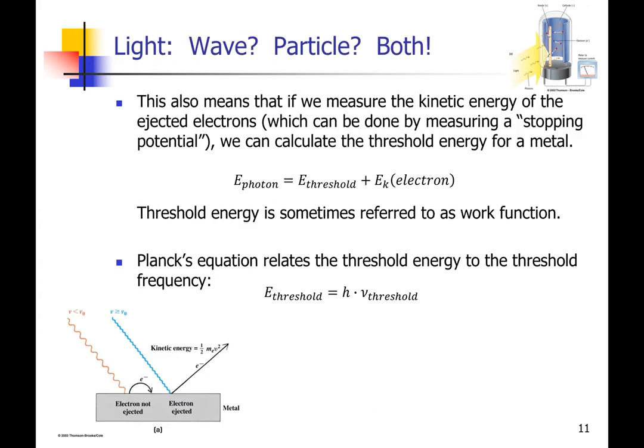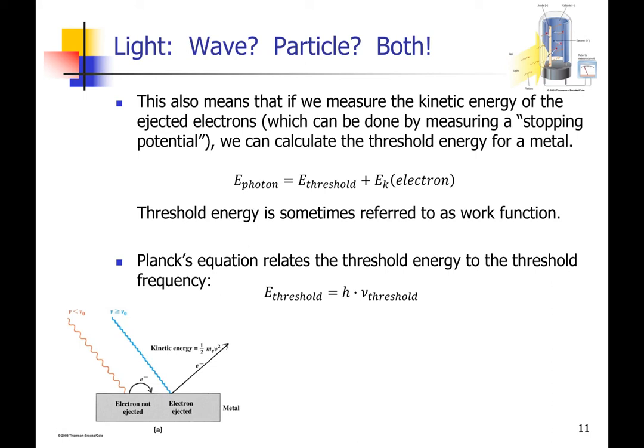If we want to calculate the threshold energy for a metal, the minimum amount of energy required to kick an electron out of that metal, we can do so by shining a light on the metal that is high enough in frequency and therefore high enough in energy to be able to induce a current, and then measure what the kinetic energy of those electrons is.